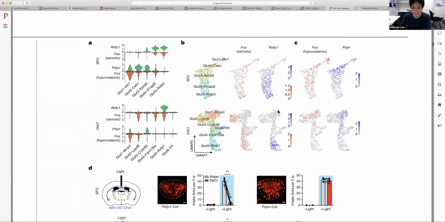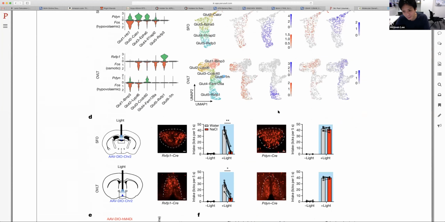But all in all, they find that RXFP1 might be a good marker for osmotic versus prodynorphin.